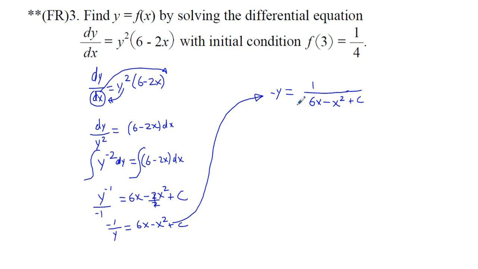So all we're going to do is change the signs. To do that, we'll have y equals, I'm just going to put negative 1 up front here, over 6x minus x squared plus c. And this will be our general solution.